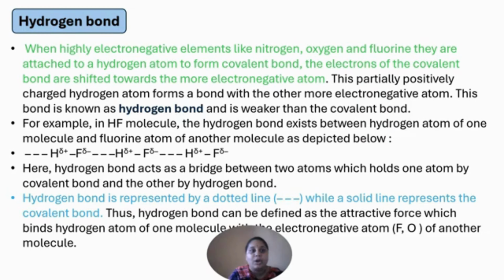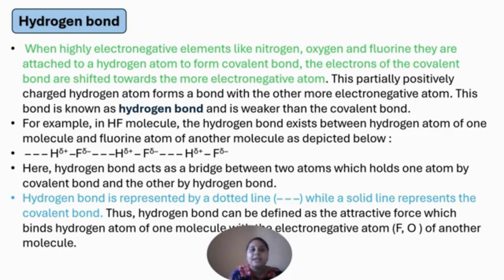So hydrogen bond. This is when highly electronegative atoms like nitrogen, oxygen, chlorine are attached to a hydrogen atom, it forms the covalent bond, and the electrons of the covalent bond are shifted towards the more electronegative atom, and this partially positively charged hydrogen atom forms a bond with the other more electronegative atom.